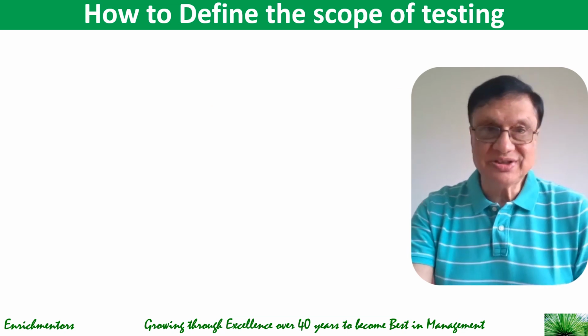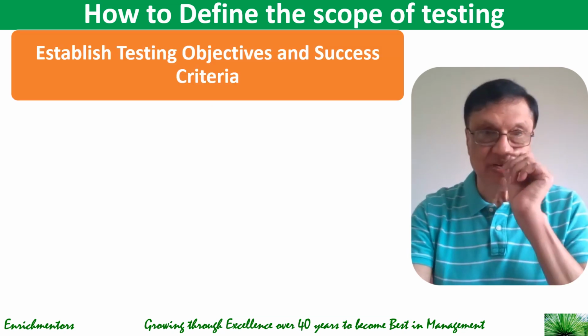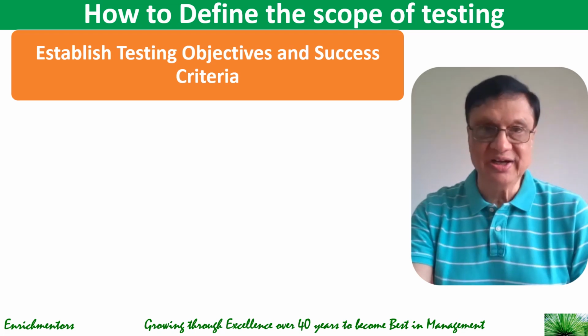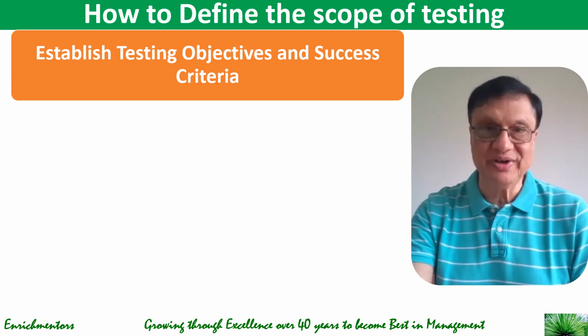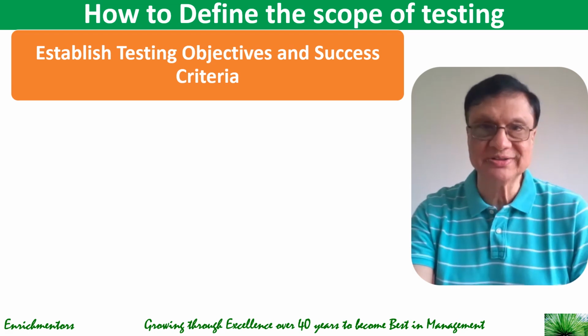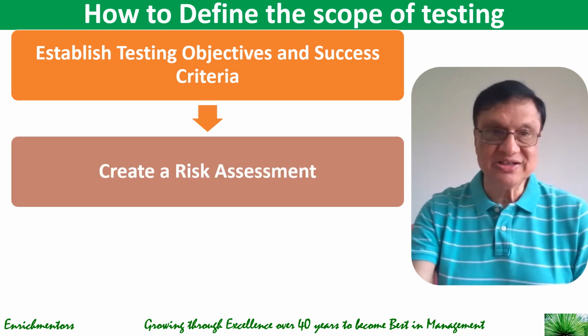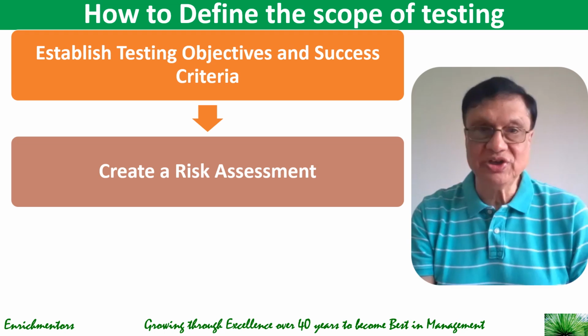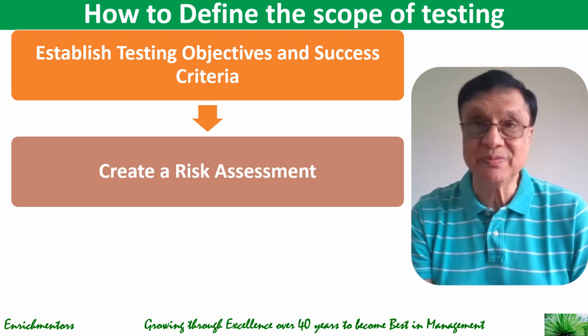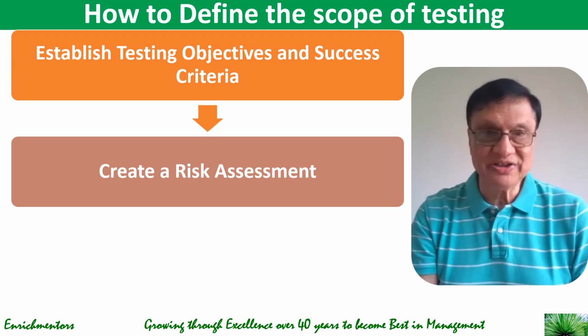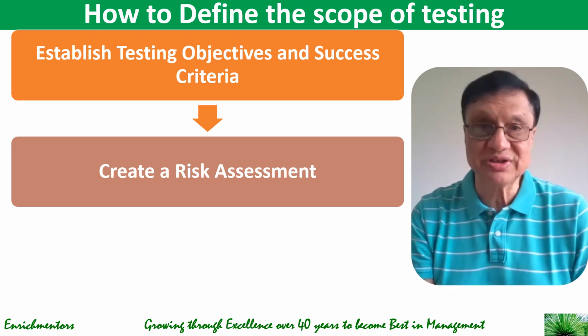Then you establish testing objectives and success criteria by clearly defining objectives for each type of testing, and establishing success criteria such as performance benchmarks, security standards, and acceptable error rates. Then you create a risk assessment by identifying potential risks that could impact the testing process, such as complex features, tight deadlines, or resource constraints.